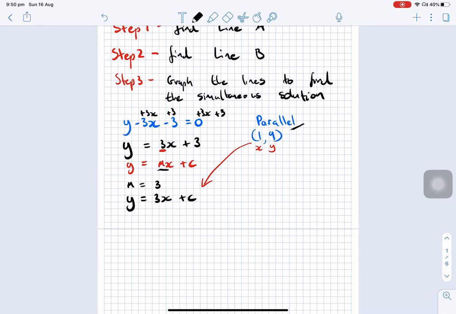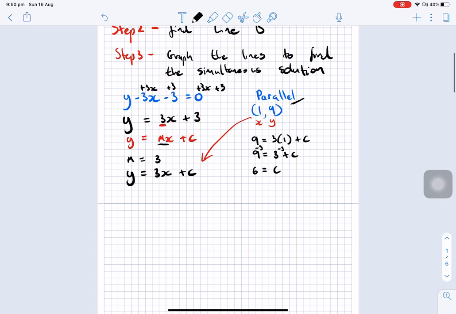So my y value will be 9. 9 equals 3 lots of my x value, which is 1, plus c. And so that will be 9 equals 3 plus c. We'll take 3 off both sides, so 6 equals c.